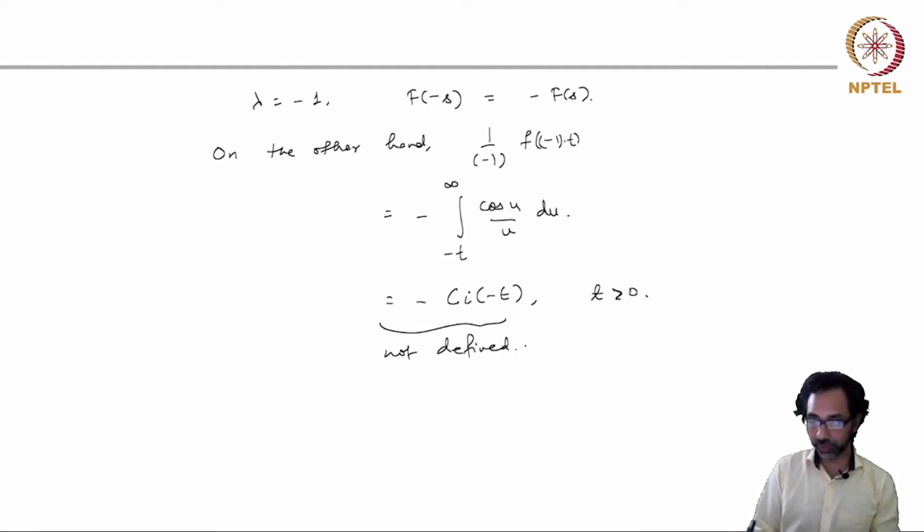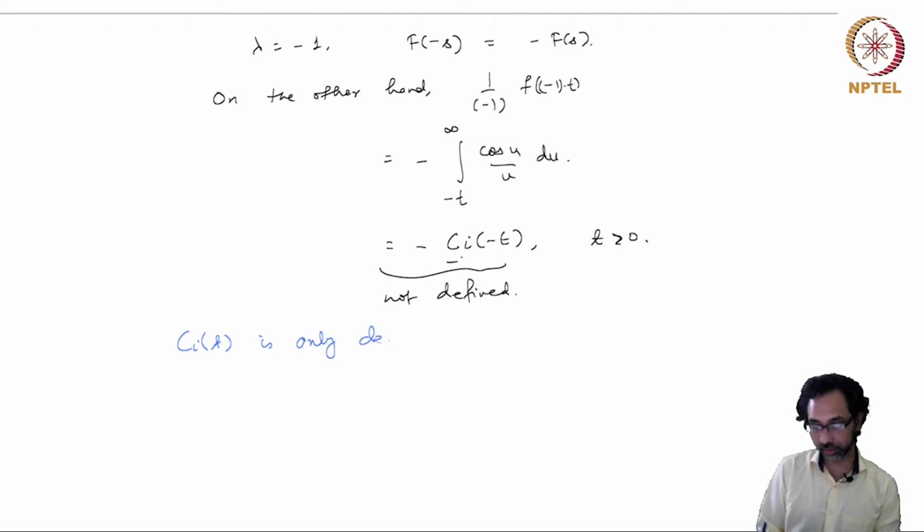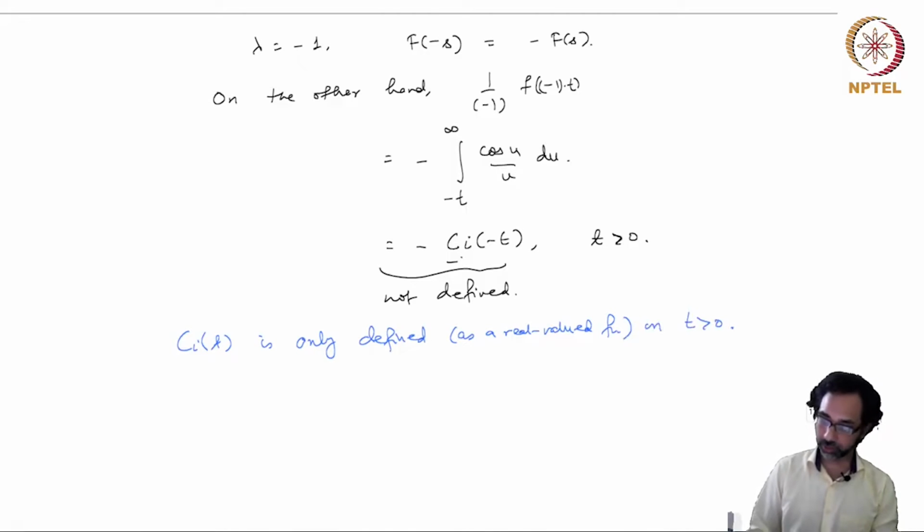So the cosine integral function, Ci(t), is only defined as a real valued function on t positive. So even at t equal to 0, the limit does not exist.